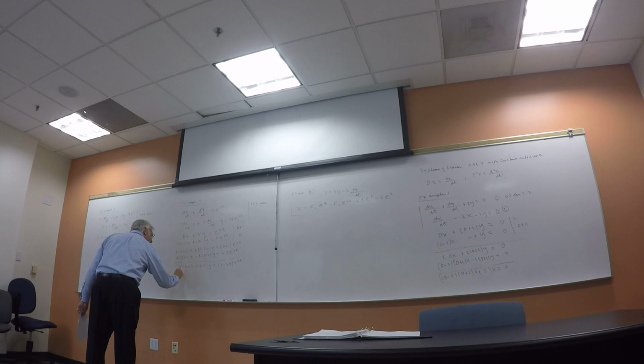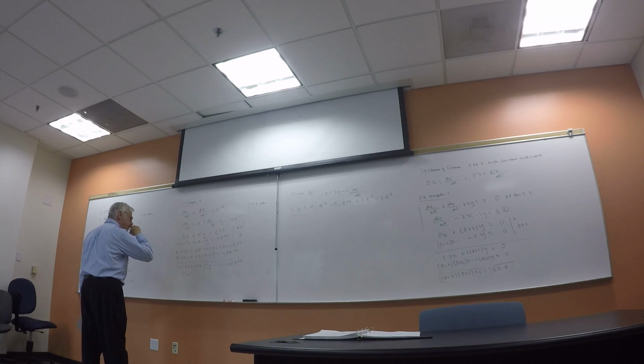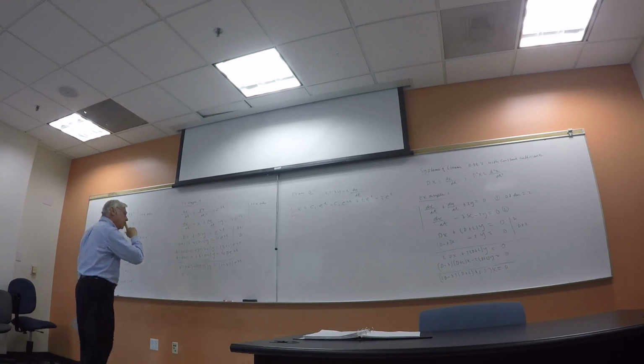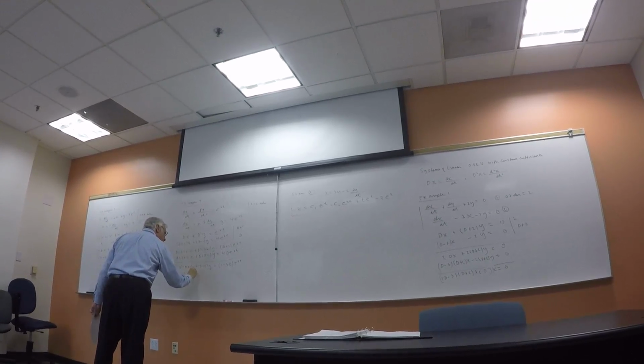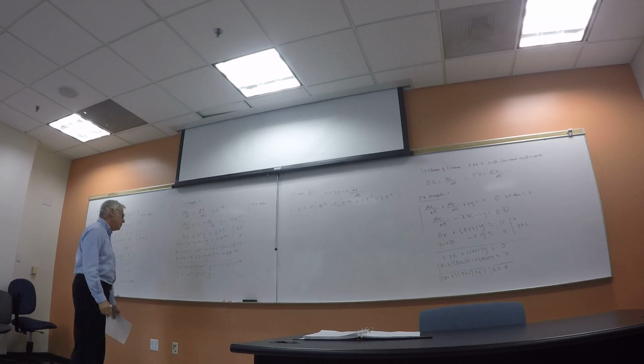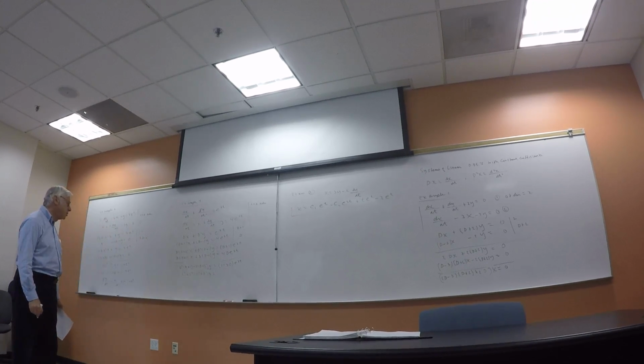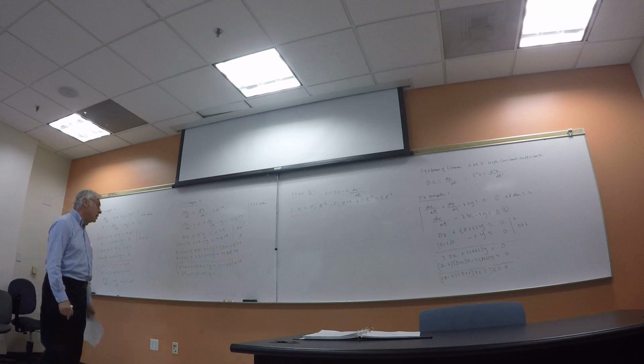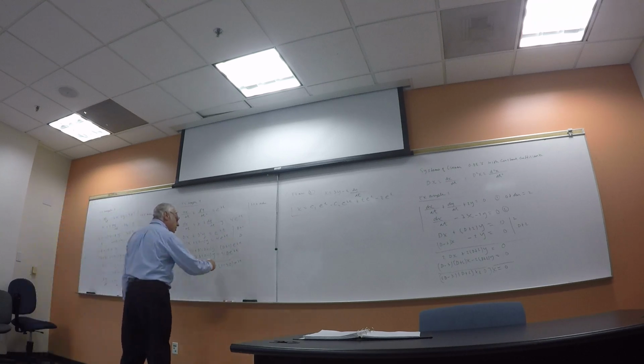Let's see what happens over here. D squared (d minus 1) gives me a d cubed plus d squared minus d squared plus d, that's operating on y, equals d cubed plus d squared minus d squared plus d. Okay, and let's just work this out.